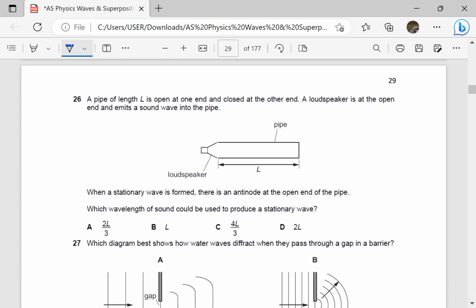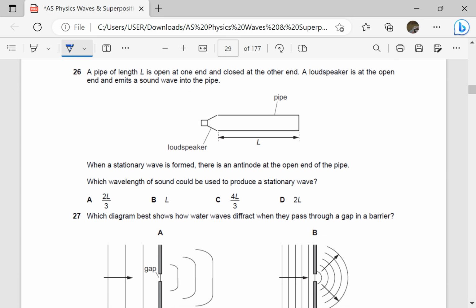A pipe of length L is open at one end and closed at the other end. A loudspeaker is at the open end and emits a sound wave into the pipe. When a stationary wave is formed, there is an antinode at the open end of the pipe.